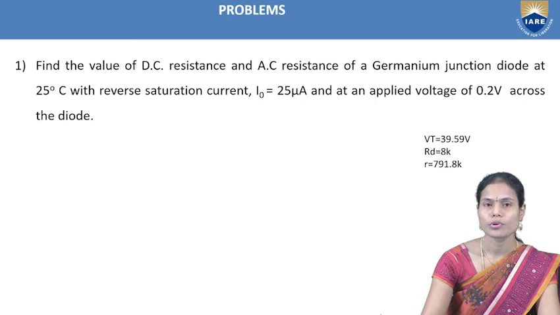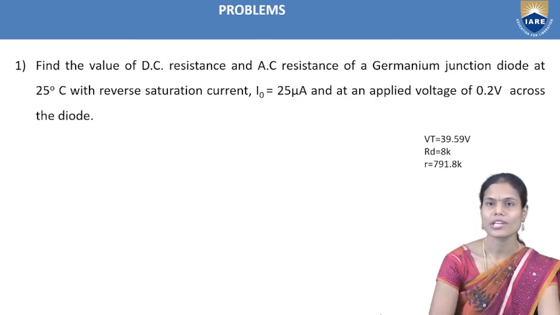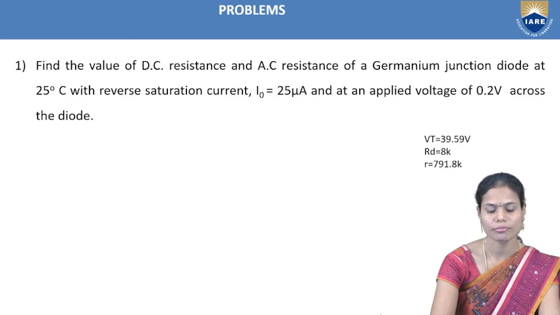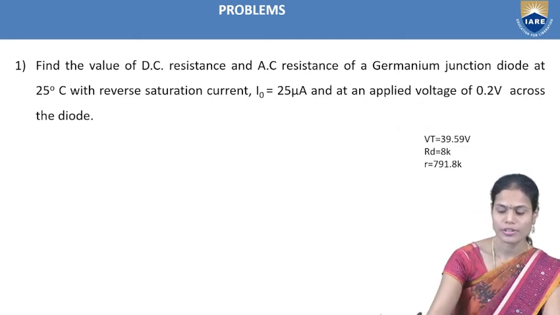So now we will see the problems related to the diode current equation and the static and dynamic resistance of the diode. Here the given problem is: find the value of DC resistance and AC resistance of a germanium junction diode at 25 degrees Celsius with reverse saturation current I0 equal to 25 microamperes and at an applied voltage of 0.2 volts across the diode.